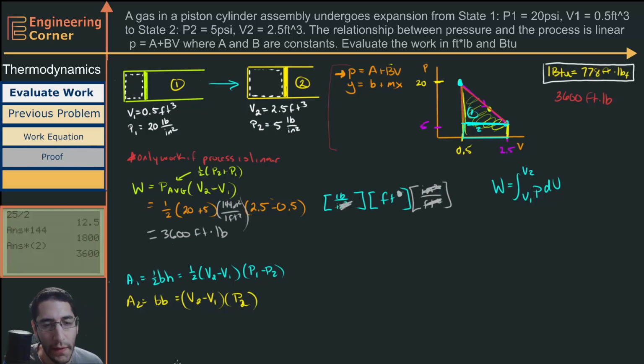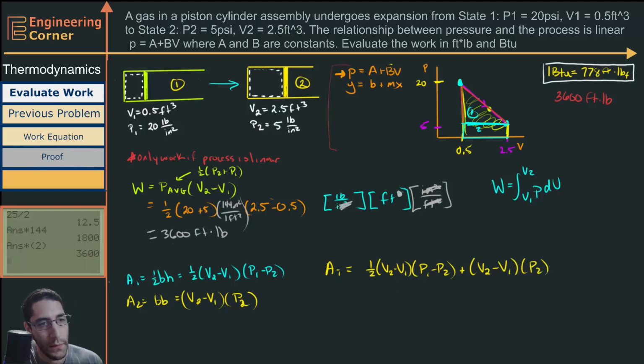So the total area, AT, is 1/2 times V2 minus V1 times P1 minus P2, plus V2 minus V1 times P2.